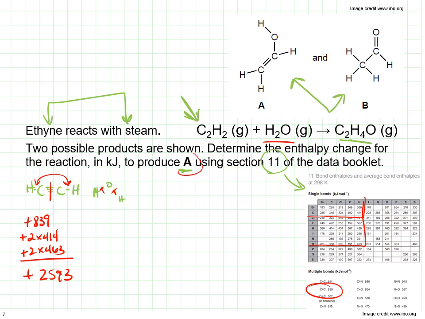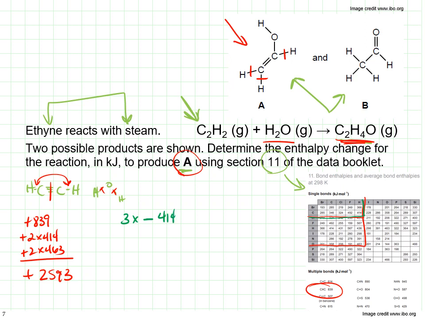Now let's make A. I'm going to use the picture of A, not this guy, because the bonds are specific in the picture. So I see that I have 3 carbon-hydrogens. So I'm going to do 3 times negative, because again, we're forming bonds, so it's going to be exothermic. 3 times carbon-hydrogen is 414.